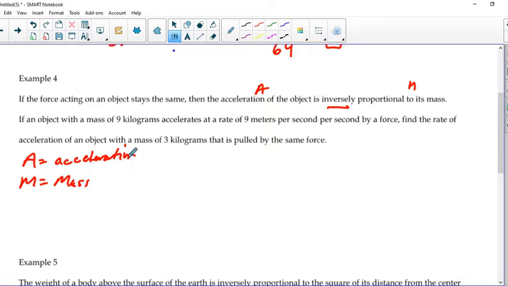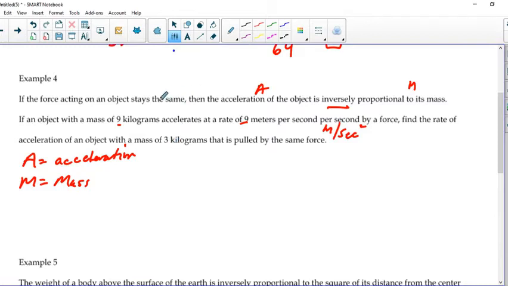Okay. If an object with a mass of 9 kilograms, so there's my mass, accelerates at a rate of 9 meters per second squared, okay, so there's my rate, by a force, find the rate of acceleration of an object with a mass of 3 kilograms that's pulled by the same force.